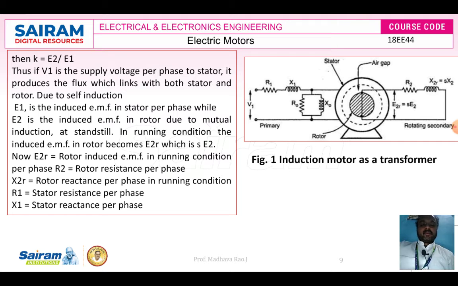Now E2R is the rotor induced EMF in running condition per phase. R2 is the rotor resistance per phase. X2R is the rotor reactance per phase in running condition.